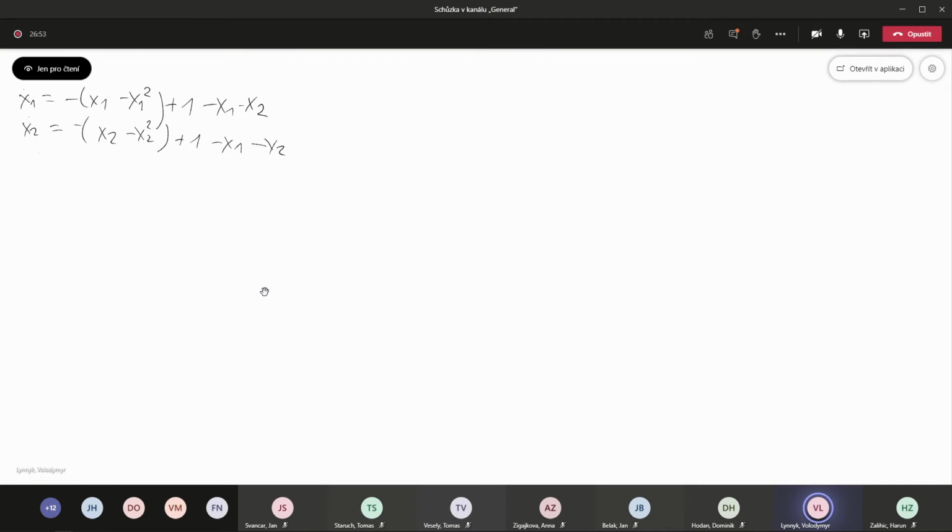Okay, and let's find all equilibrium points in this example.